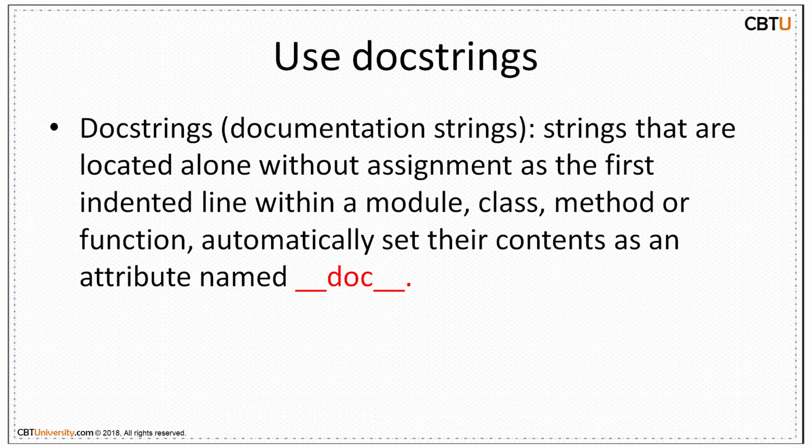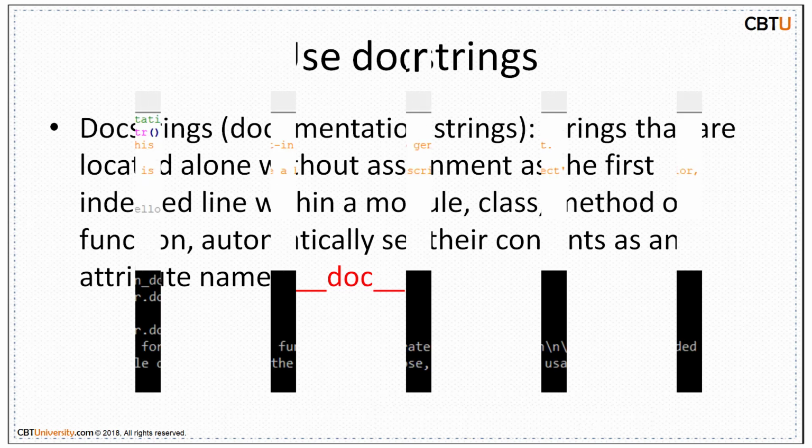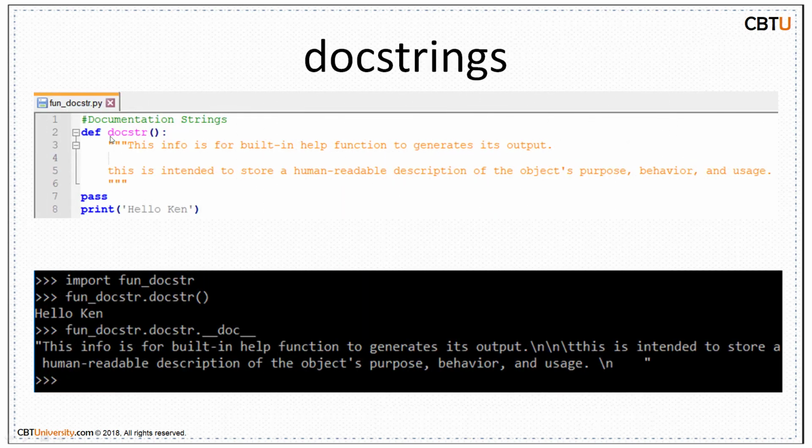The comment should appear after the def line. This is an example: a function containing this text within triple quotes, followed by a print string. You import the module and access the docstring. The output will be this string. When you call the __doc__ attribute, it prints this help text.